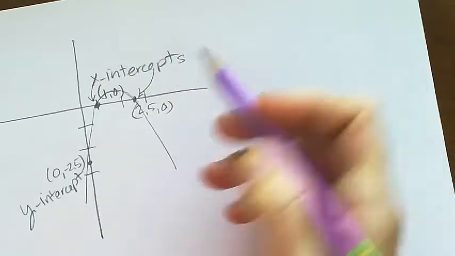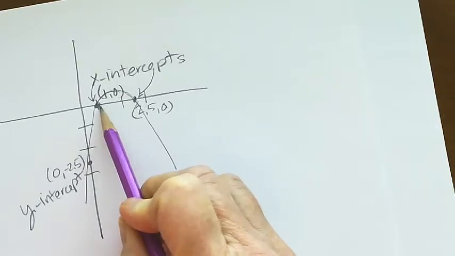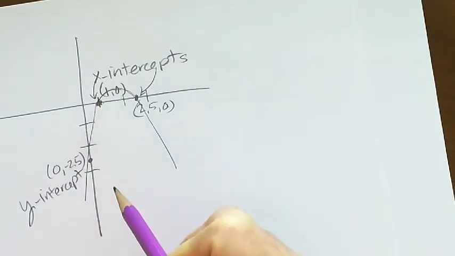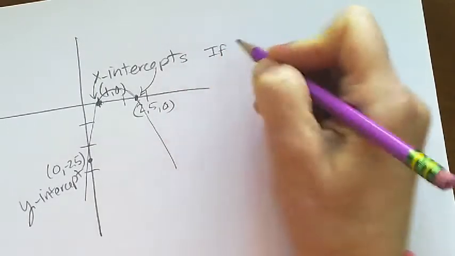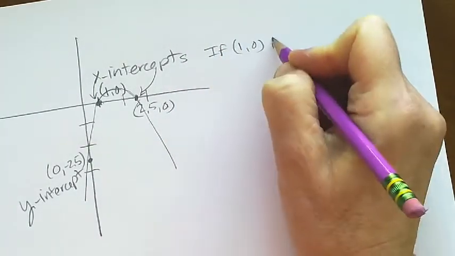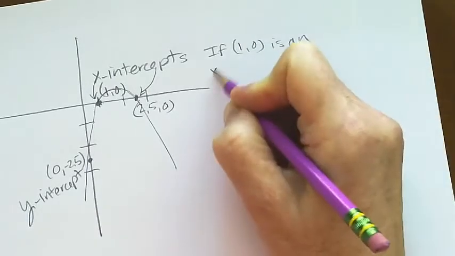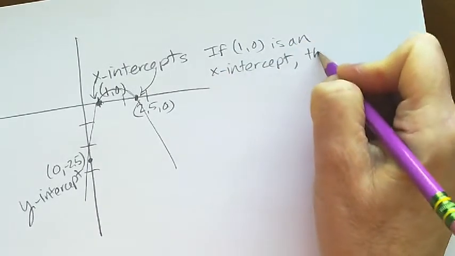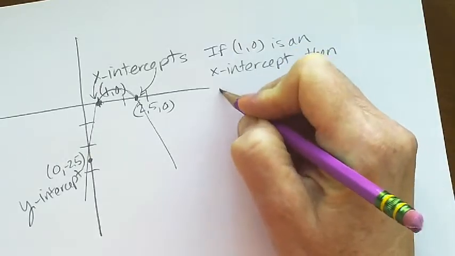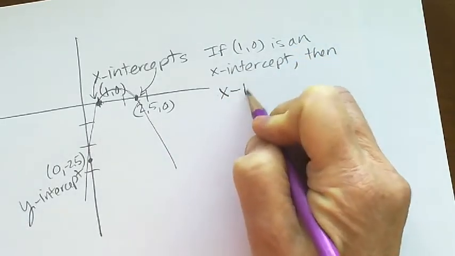I can figure that out. But I do know that if 1 is an x-intercept, then one of my factors must be x minus 1.